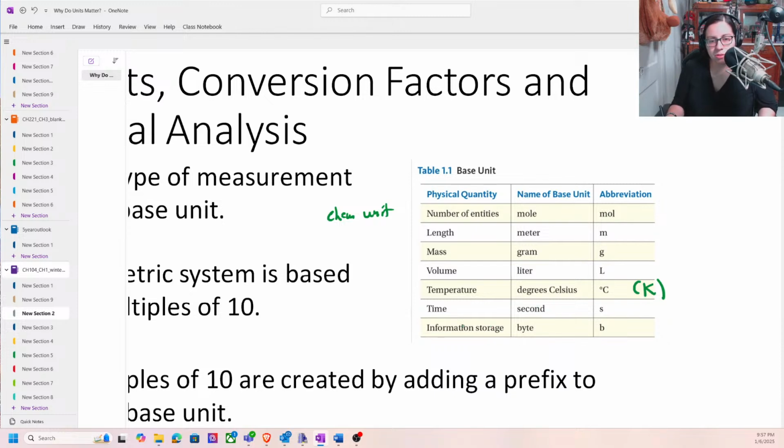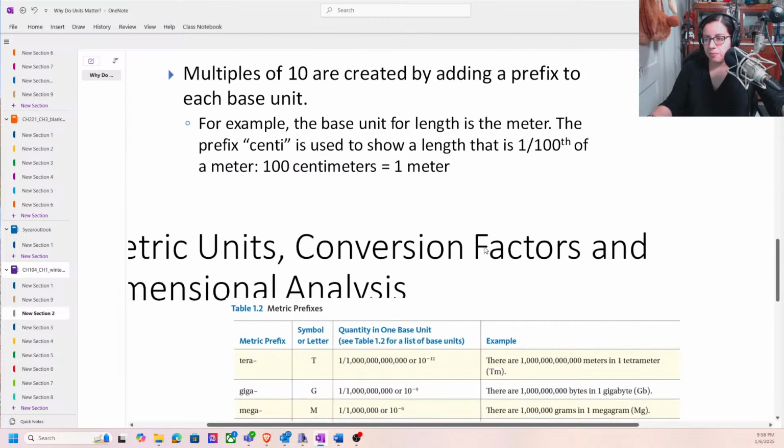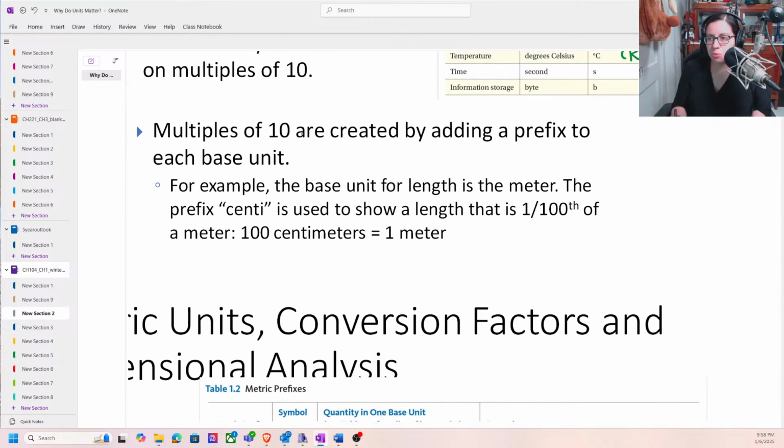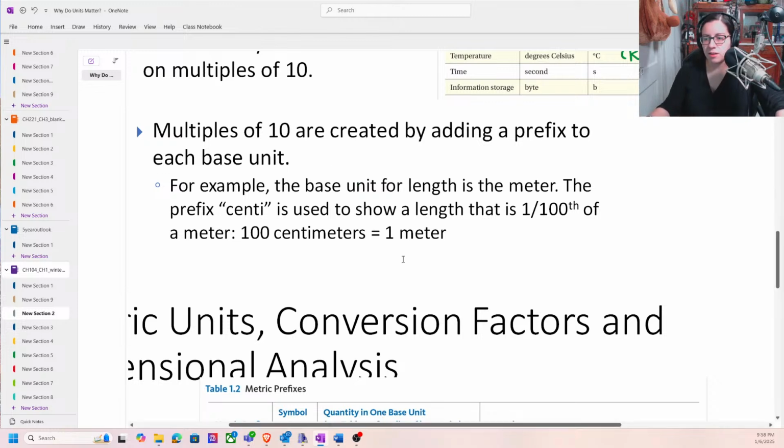And if you were interested in information storage, we have bytes, but we will not deal with that in this class. And then we'll see how these multiples of 10 are created by adding a prefix to each base unit. We'll get into that in just a second.